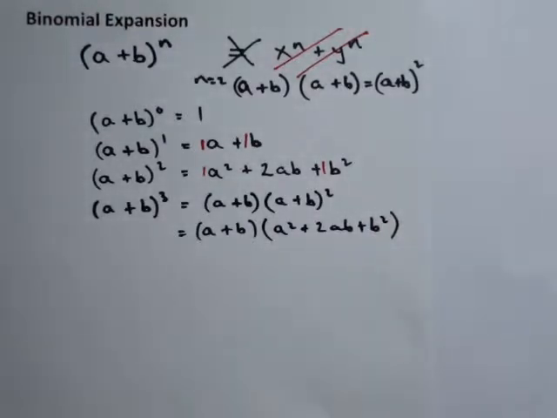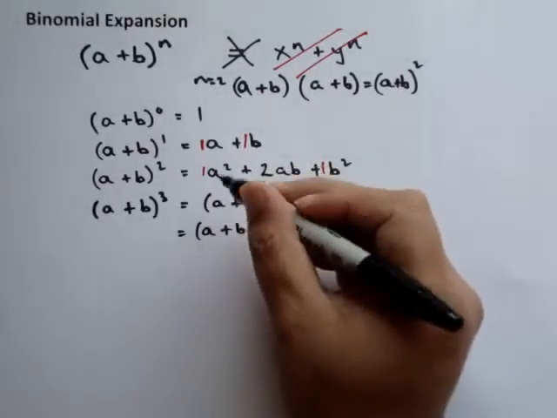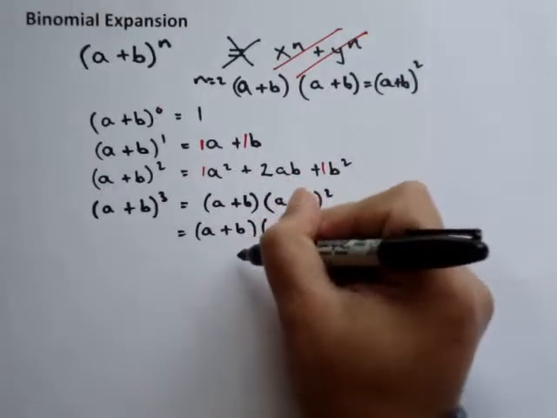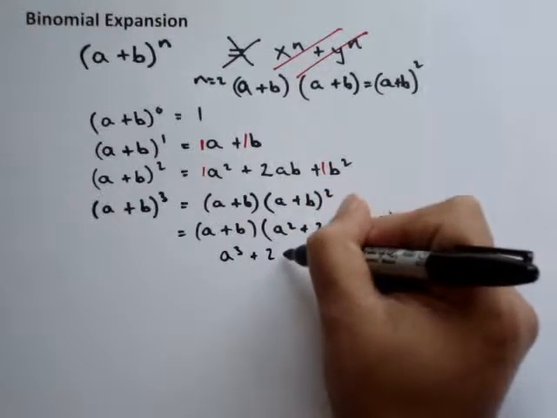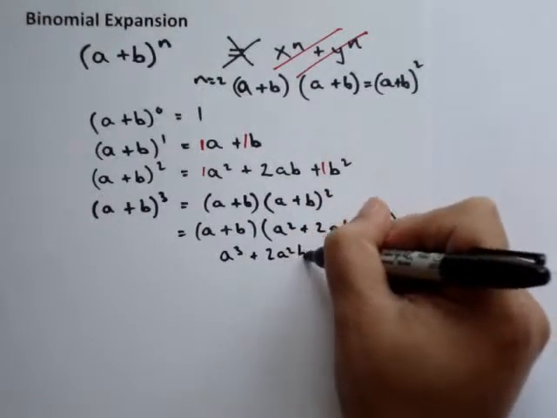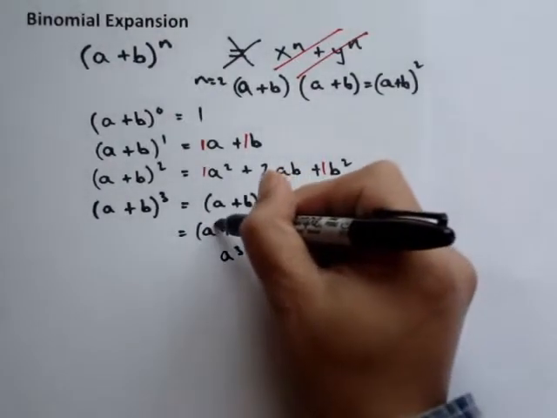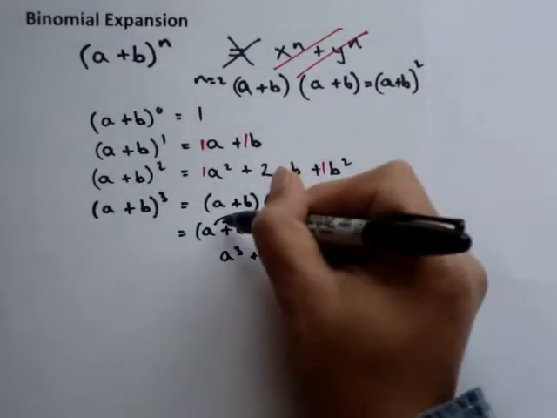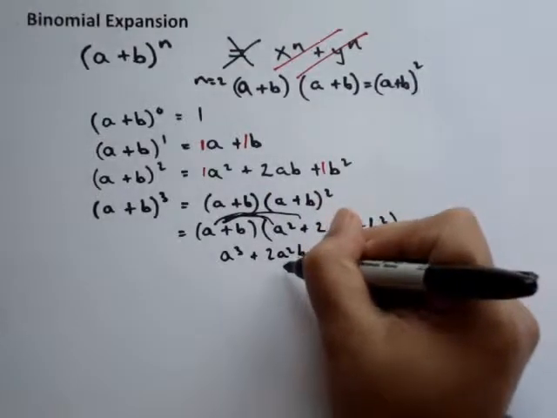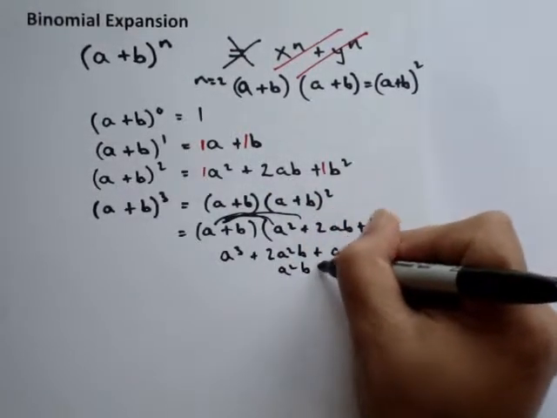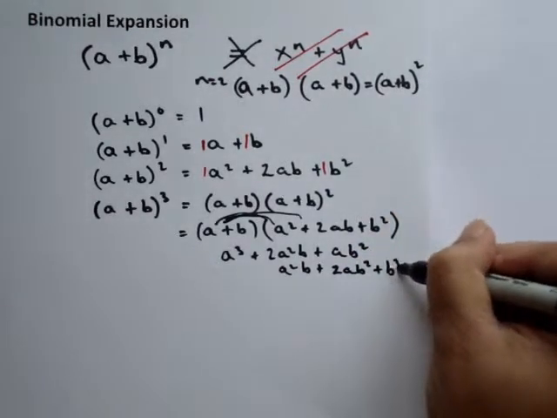And when we multiply that out, if we multiply by the a, we get a cubed plus 2a squared b plus ab squared. And then if we multiply out the b, we get a squared b plus 2ab squared plus b cubed.